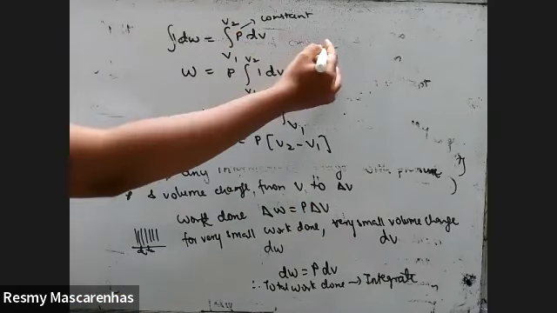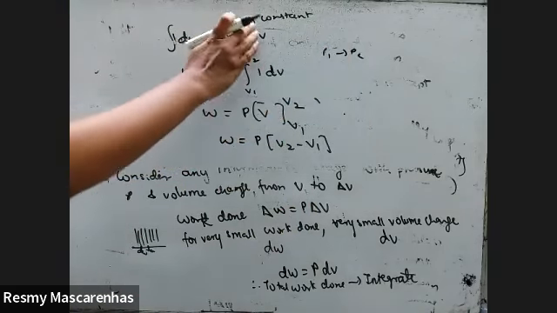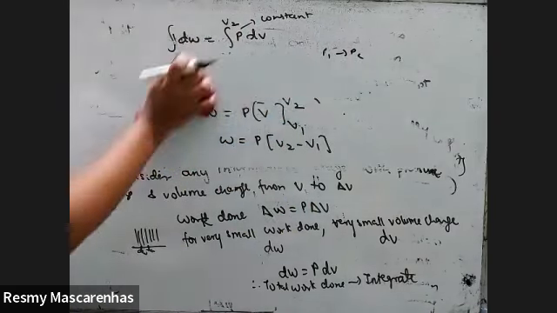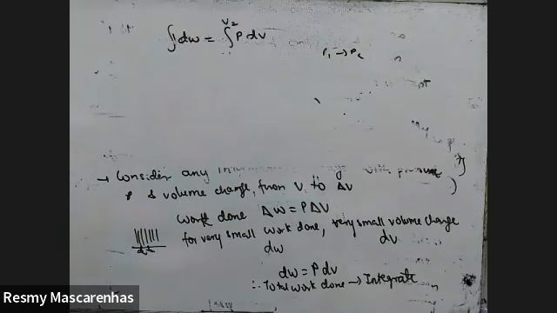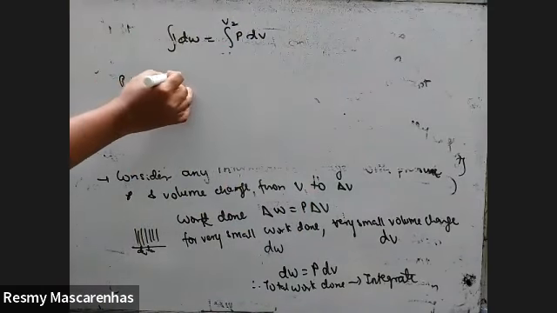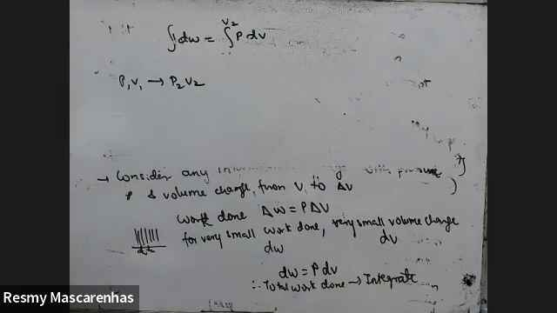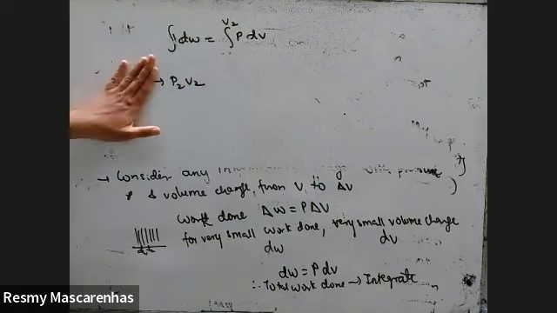Pressure has also changed from P1 to P2, so you cannot consider this condition. If we keep pressure constant, then we cannot take this. We have already said P is changing from P1 to P2. Pressure is changing, so we cannot assume it constant and remove it out.